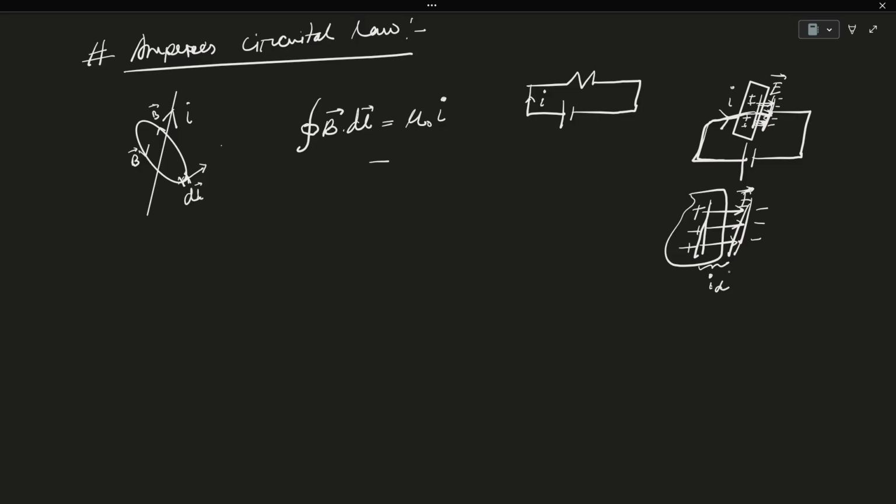This is a displacement current, I_d. So what is the difference between conduction current and displacement current? Let's write them down as I_C and I_D.